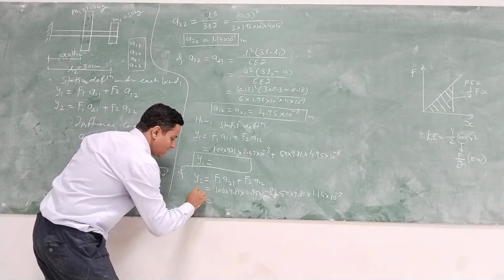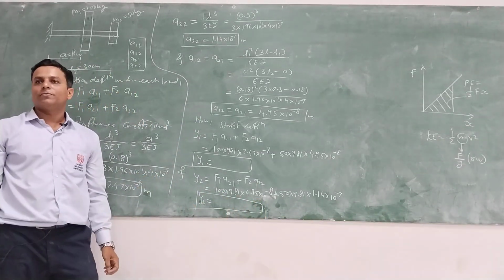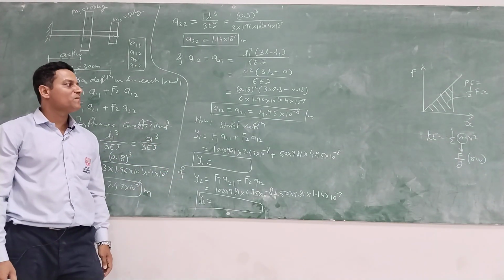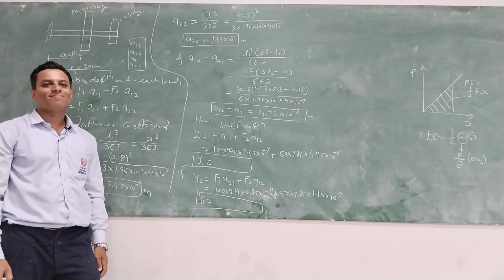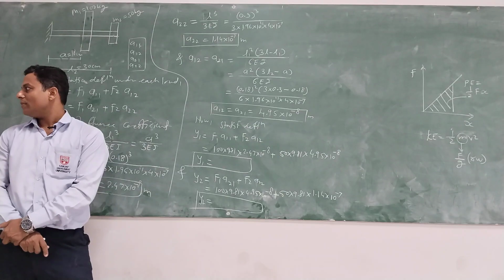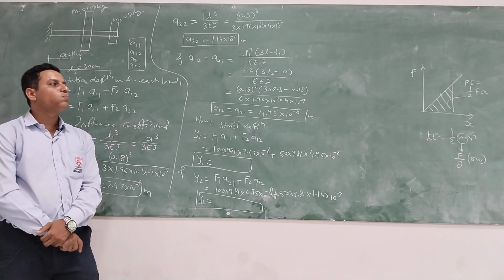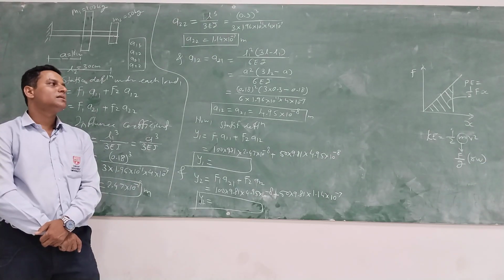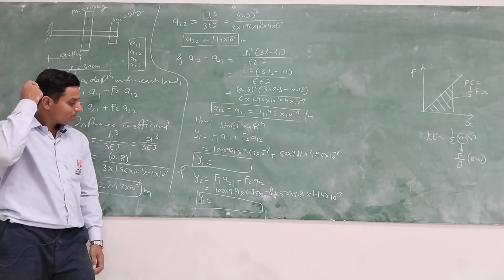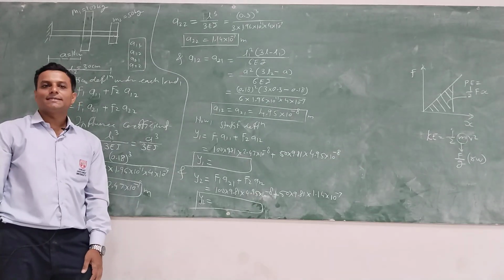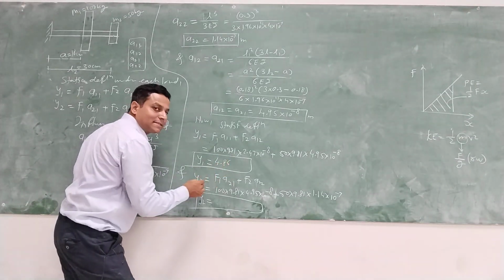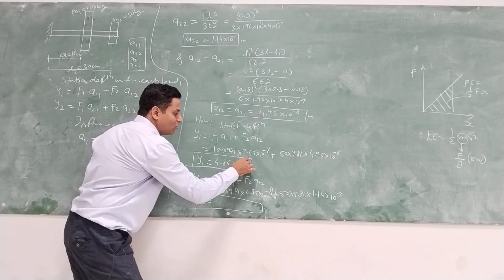So if you solve this one, you will get Y1 and Y2. Static deflection under load 1 and load 2. So Y1 is 4.86 into 10 raised to minus 5 meter.